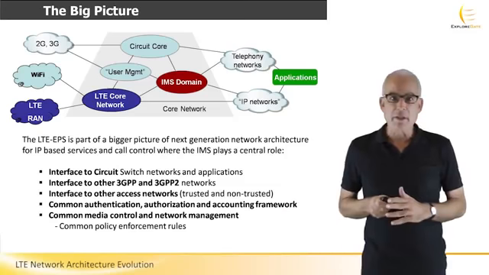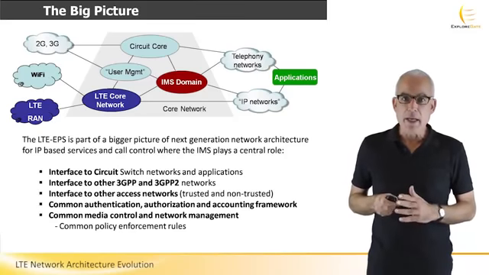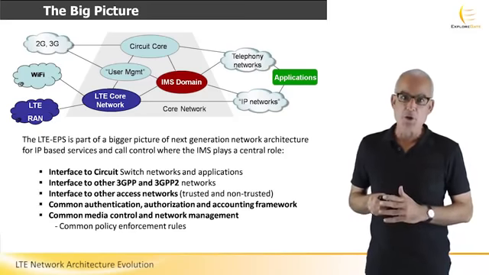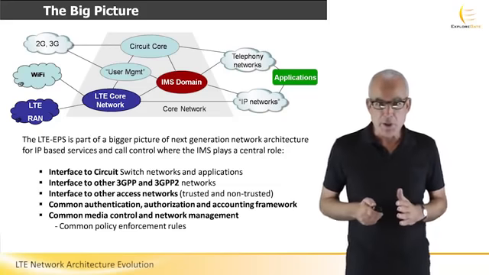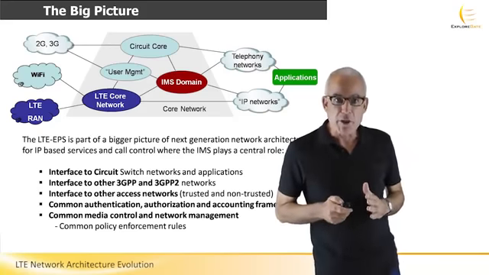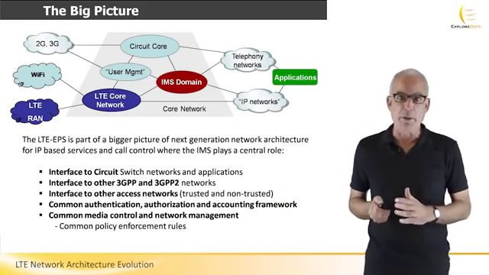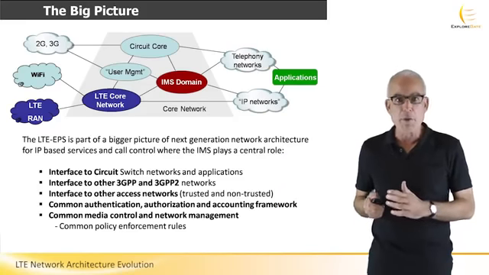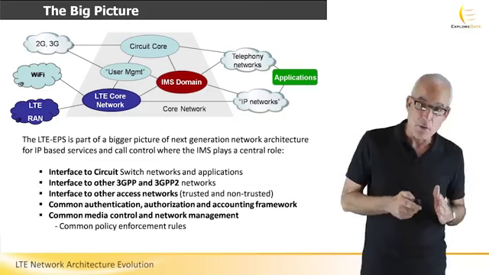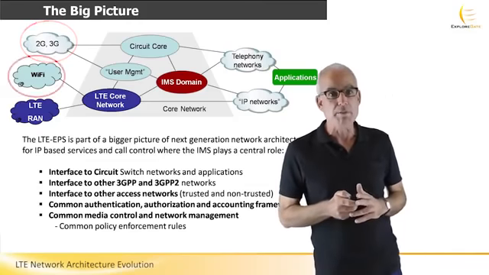Before going to the details of the LTE core network, let's have a look at the big picture shown here. This picture can be interpreted as showing the subsystems used by an operator who operates multiple technologies such as 2G, 3G, and even Wi-Fi.